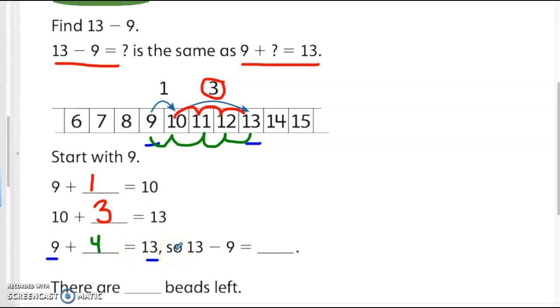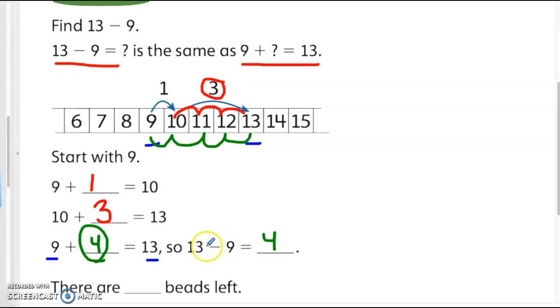So, using those same numbers, and we've talked about this in class, if we take 9, 4, and 13 in an addition problem, and we make it a subtraction problem, we use the 13, and we use the 9. What number is left for us to use in our subtraction problem? 4.